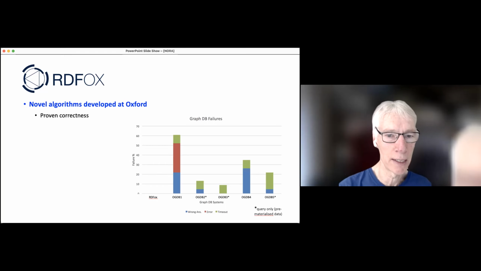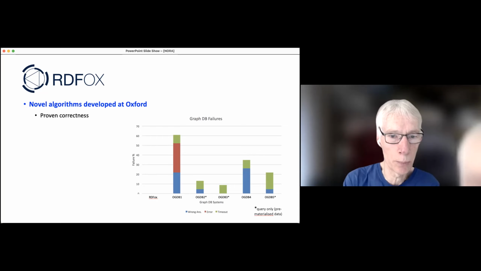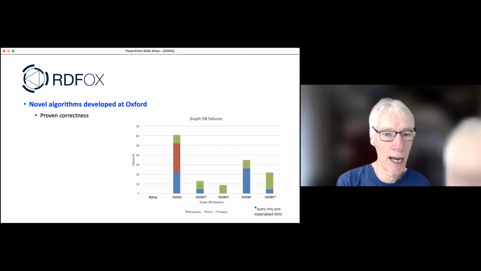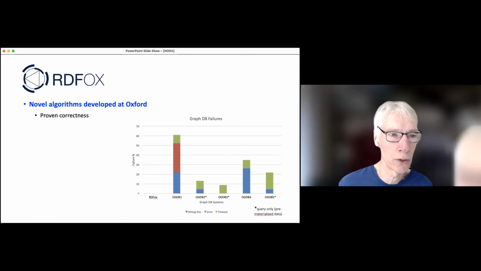What they discovered is that many other graph database systems, knowledge graph systems, are just broken. If you give them a bunch of queries, they'll typically crash, time out, return wrong answers, all sorts of things. And this is because many of them were developed using traditional software engineering techniques where you just try to correct the algorithm via testing and debugging.